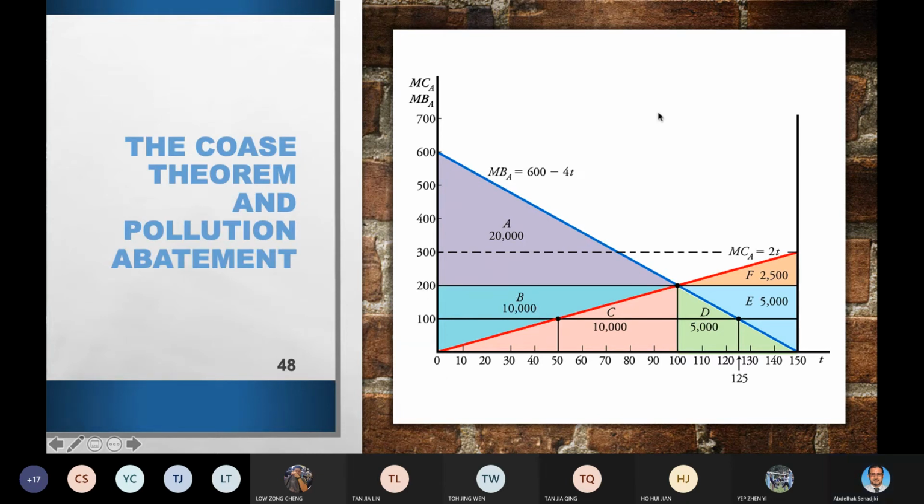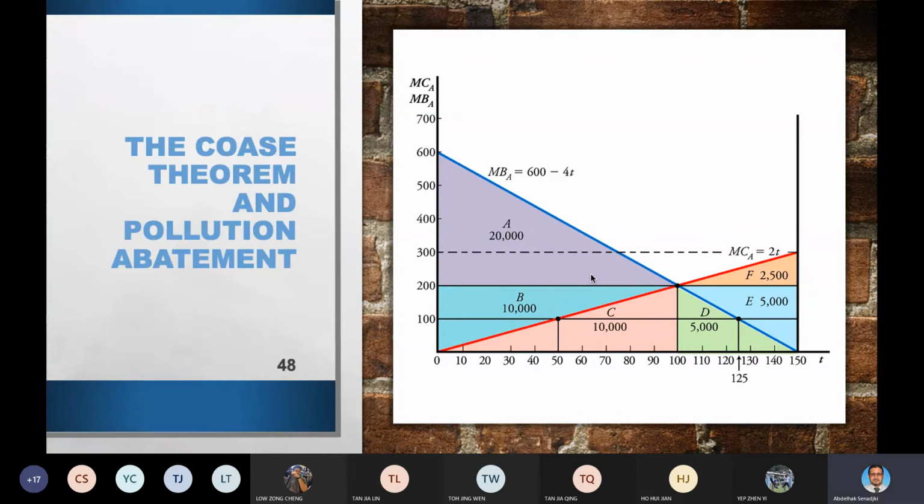So by giving 20,000 to the firm, what is the marginal benefit for those people? It is below that until here. So the benefit is 600 minus 200, which is 400. 400 times 100 is 40,000, divided by 2, 20,000. So they give 20,000 and they benefit 20,000. So it is a win-win situation.